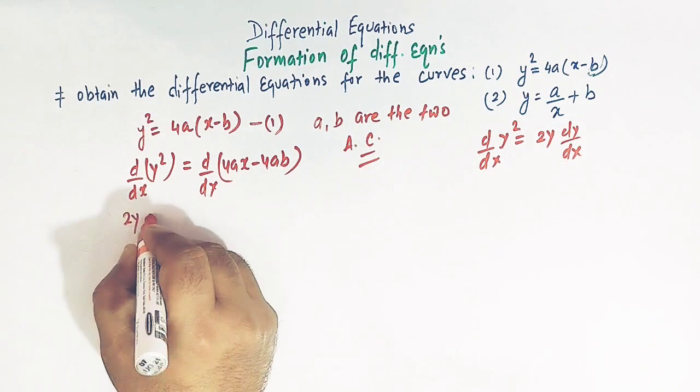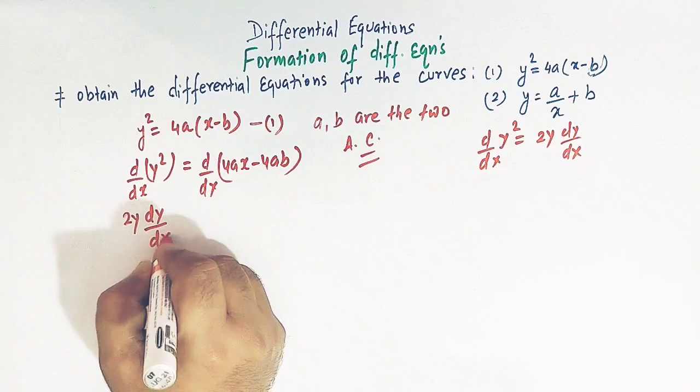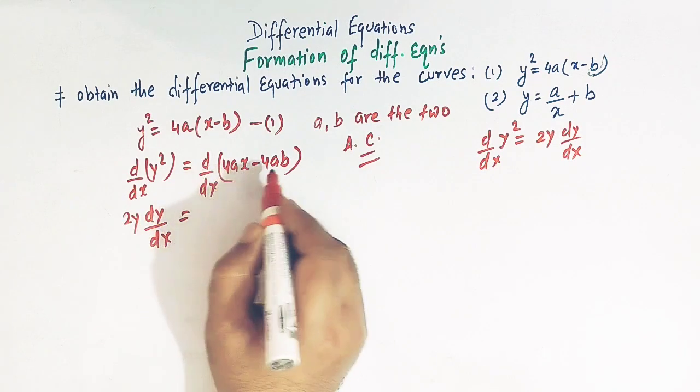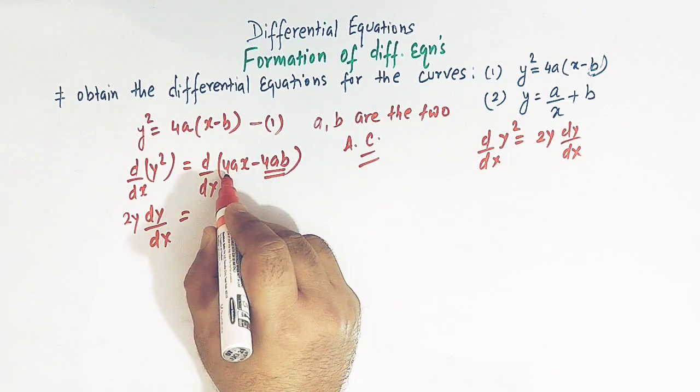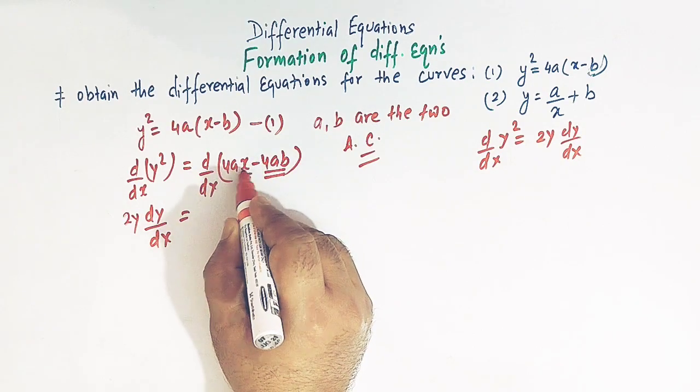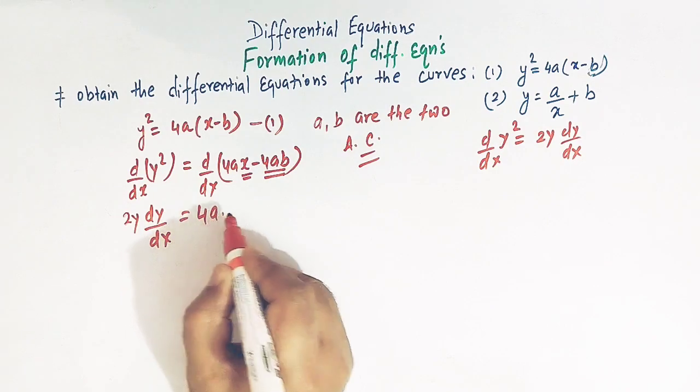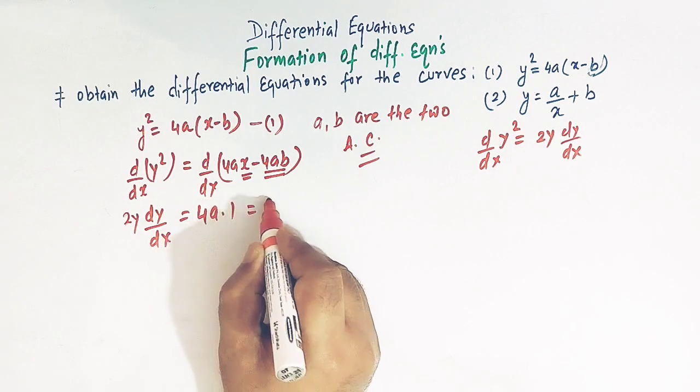Here 4ab is a constant, the derivative of a constant is 0 and the derivative of x is 1. So here we have simply 4a times 1, that is 4a.